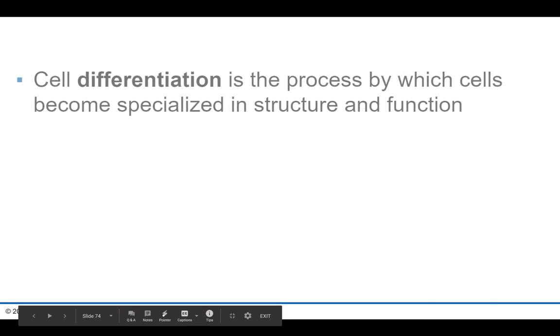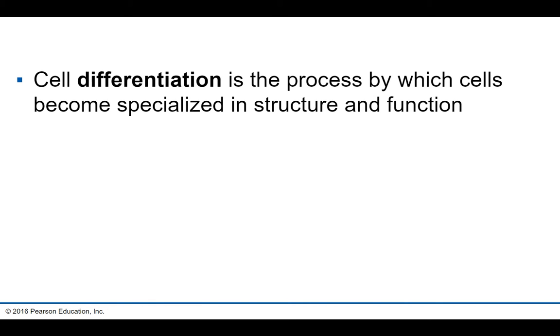So here are some definitions of some of those. Differentiation is how cells become specialized in structure and function. So that's how just the general ball of cells that you start with at the beginning ends up turning into brain cells, heart cells, lung cells, etc. That's differentiation.